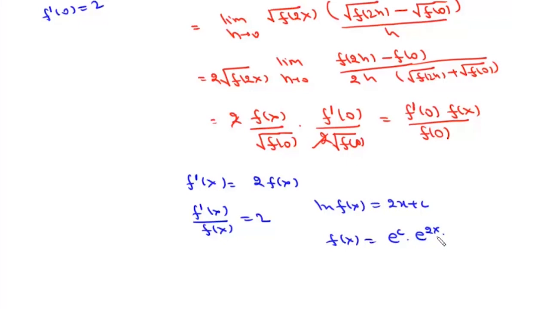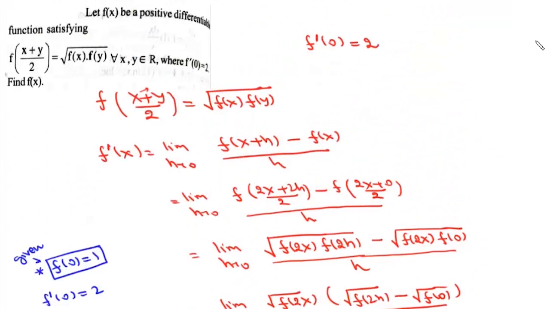Now when x is 0, f is 1. That means e to the power c is 1. So our function f x in this case will be e to the power 2x. So I think one condition that is needed with this question is that the value of f0 is 1.